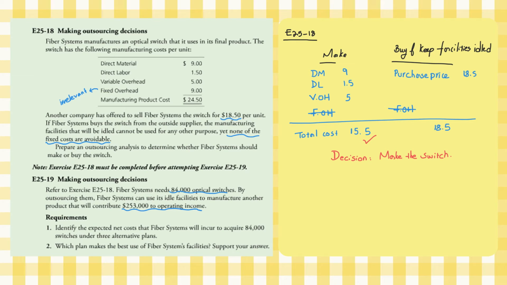So this is exercise 25-19. We have three options: to make, or to outsource, to buy, and if I buy, I have two options: to keep facilities idle, or make another product, use the facilities to make another product.